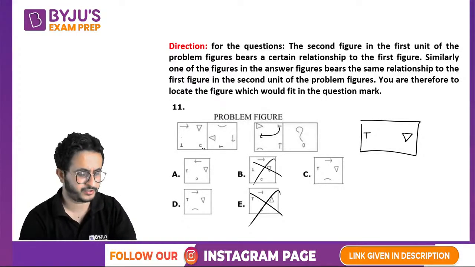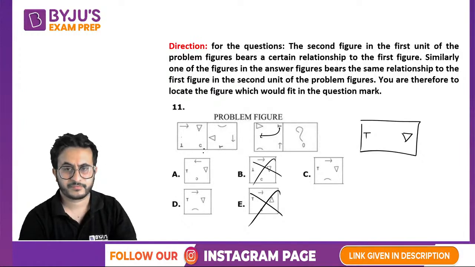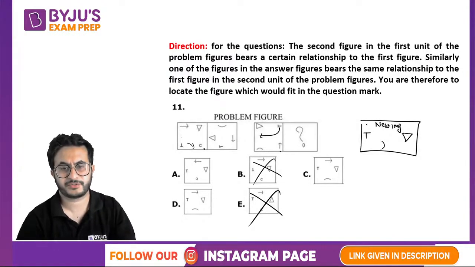This is replaced by a new image. See, C is changed to a new image, right, which is not present. So arrow should change to a new image which is not present. Okay, and this got rotated by 90 degrees like this, and this should be like this, and some new image should come like this. That should be the actual answer.